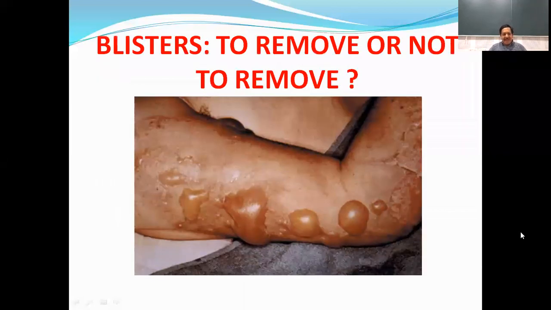Blisters commonly mean superficial burns. And the best thing is to take a sterile needle and just prick, though you don't have to peel anything. Just prick, the fluid comes out, the blister collapses, and continue the rest of the treatment.